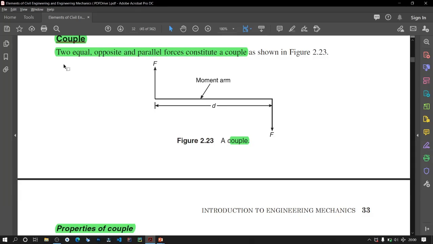Two equal, opposite and parallel forces constitute a couple.